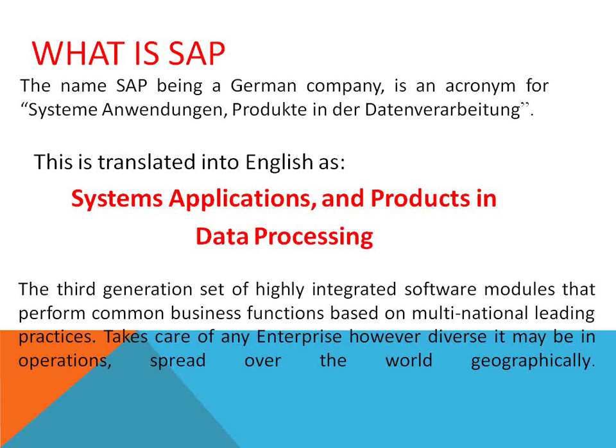And salute to them that they developed their system in Germany in 1972, because all of them were developers at that time. SAP is an acronym for Systeme, Anwendungen, Produkte in der Datenverarbeitung, German words, meaning Systems, Applications, and Products in data processing.